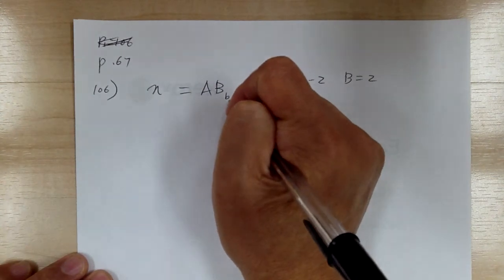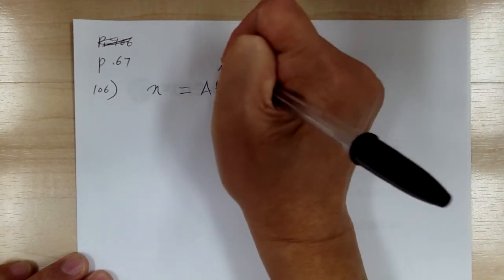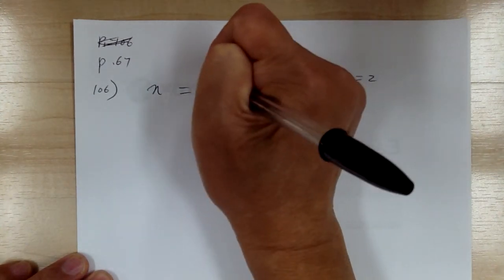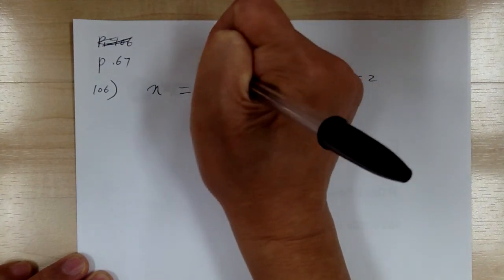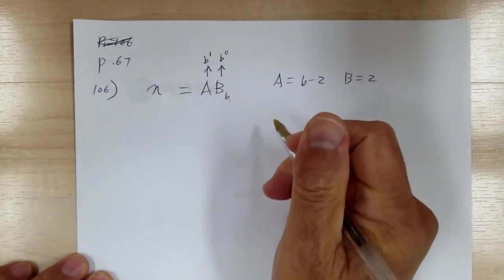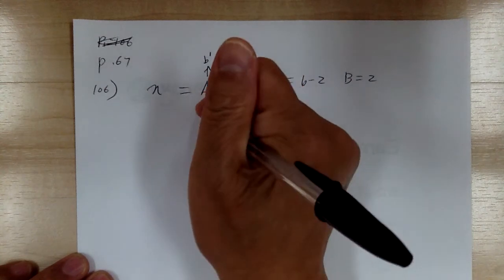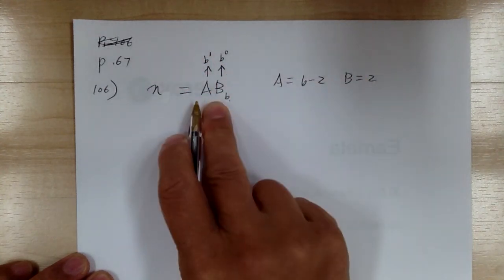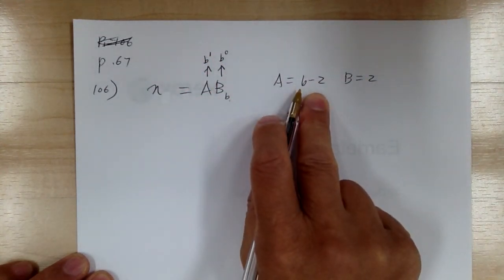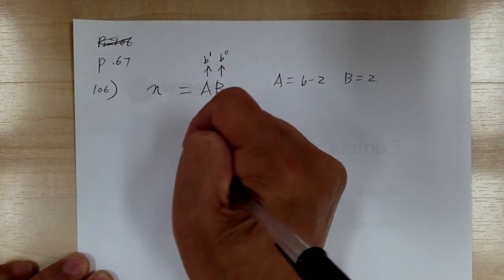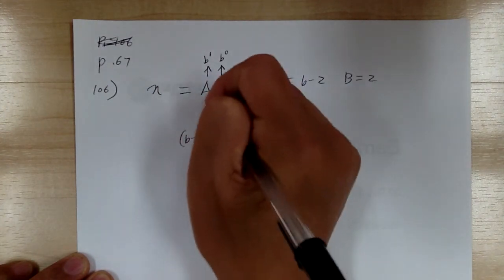Now in base b, this is going to be worth b to the 0, and this is going to be worth b to the 1. So a is equal to b minus 2.